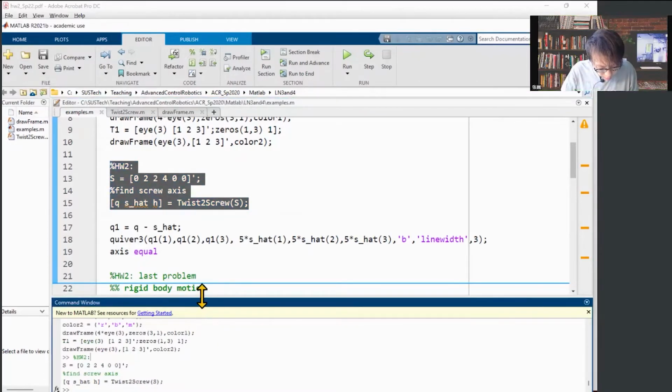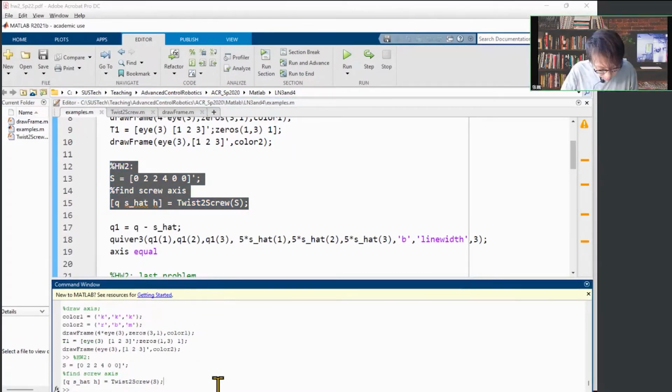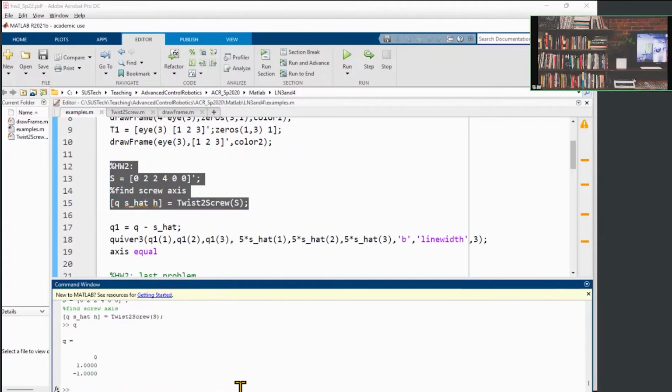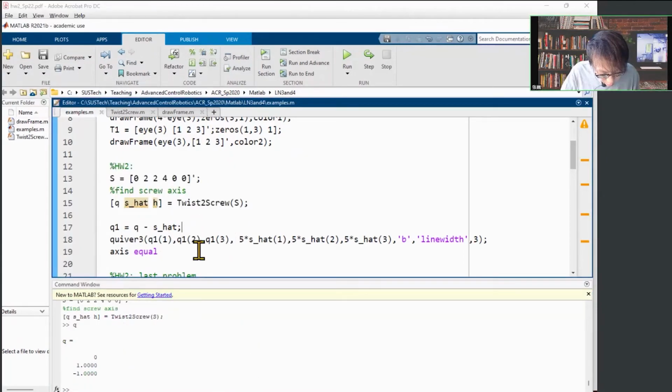Okay, let's check. Where's this point? Q is 0, 1, and -1, and there's a direction. I can visualize this screw axis now because physically I know a point and I know a direction.